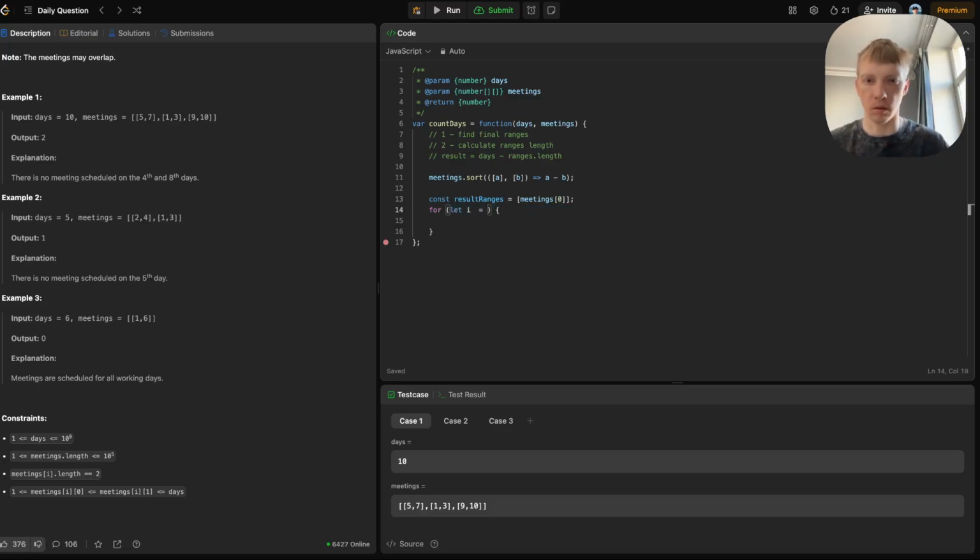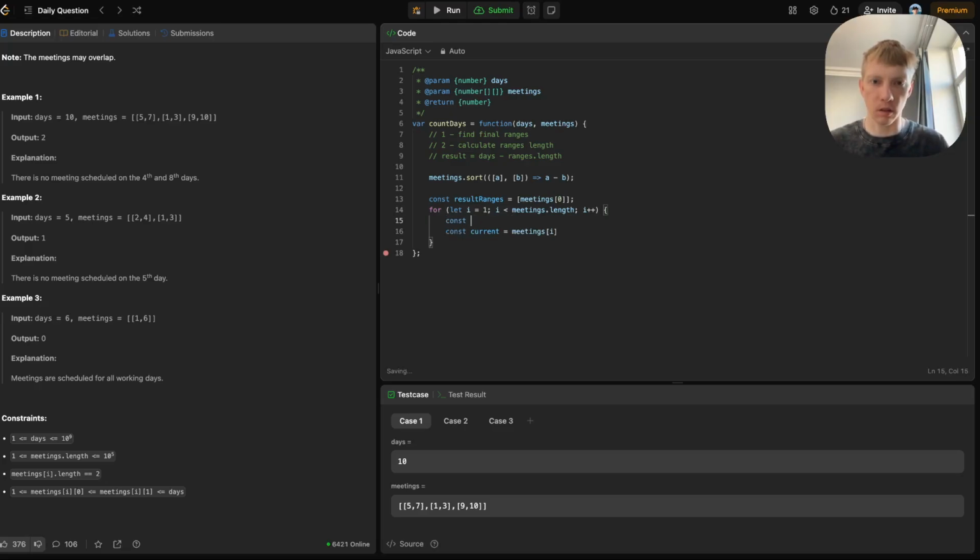for i equals 1, i less than meetings length, i plus plus. Start and end would be equal to meetings[i]. Let's say it's current.